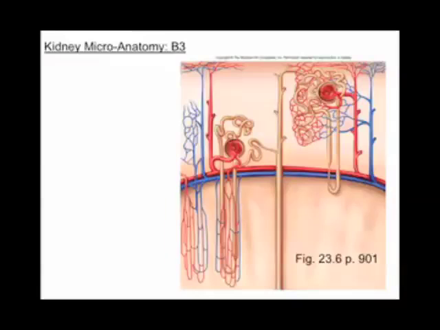We also have the renal tubules, like the pipes that lead from the sink to the sewer. The first tube here that comes right off of that Bowman's capsule is called the proximal convoluted tubule.